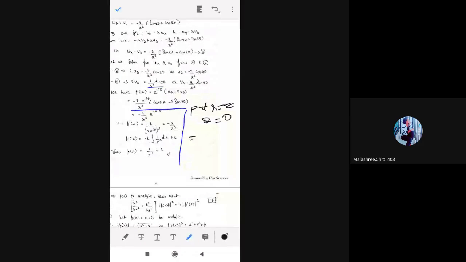f dash of z will be equal to minus 2 divided by r cube, that is z cube, correct? This step we should see. Minus 2 divided by z cube, then e power minus i into 0, that is e power 0. So open bracket cos 0 minus i into sin 0, correct?